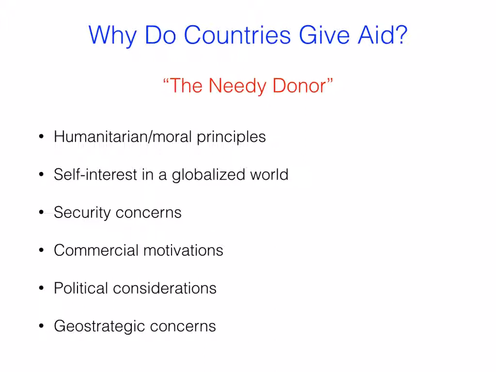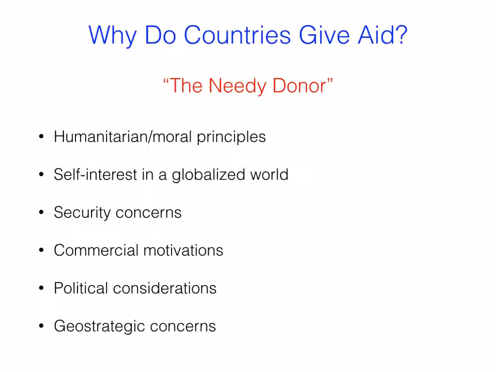But this kind of security aid also can end up going to decidedly non-poor countries. In fact, some of the biggest recipients of U.S. foreign aid, aid that is categorized as development aid, actually goes to places like Pakistan, Egypt, and Israel. Not where the world's most poor people live, but very strategically important countries for the United States.